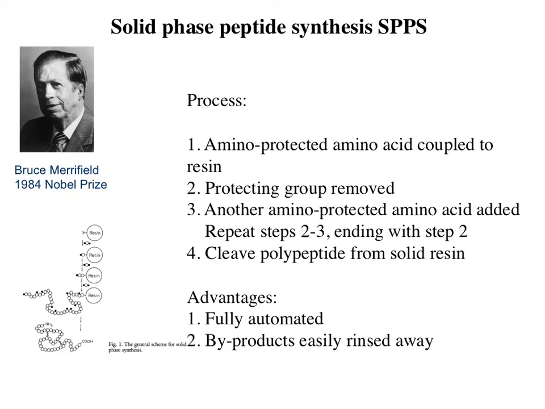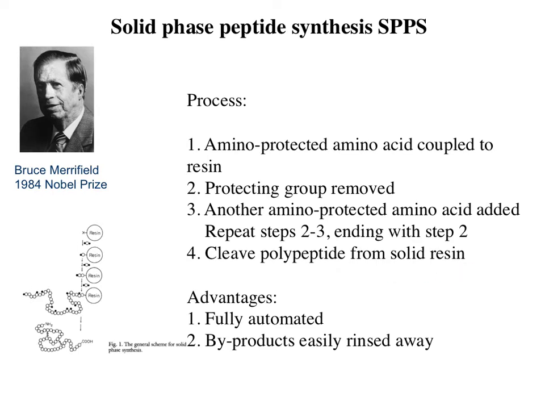Bruce Merrifield, who won the Nobel Prize in 1984, developed solid phase peptide synthesis, or SPPS. The process is you have an amino-protected amino acid coupled to a solid phase resin, shown here. The protecting group is removed, and then another amino-protected amino acid is added. Repeat steps 2 and 3, ending with step 2.